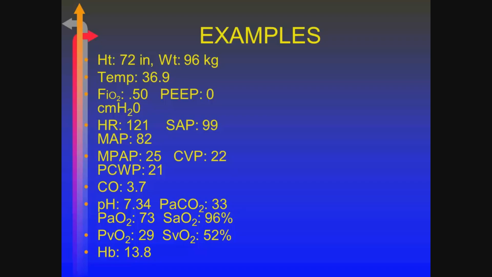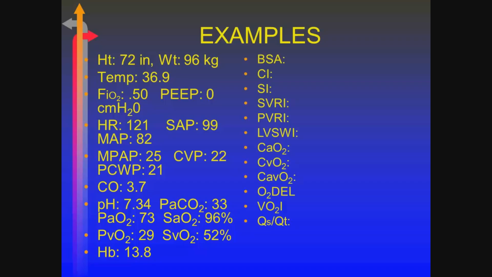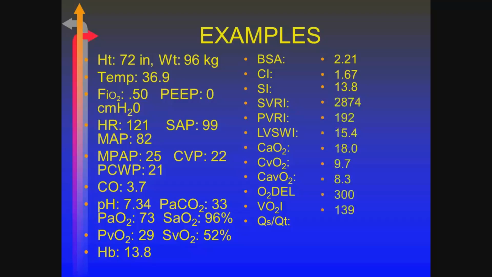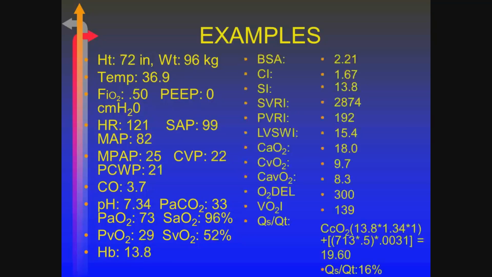Okay, so here's what you may see on a test. Some various parameters, and I will give you these values so you don't have to calculate them. So what do you notice as being out of range here?